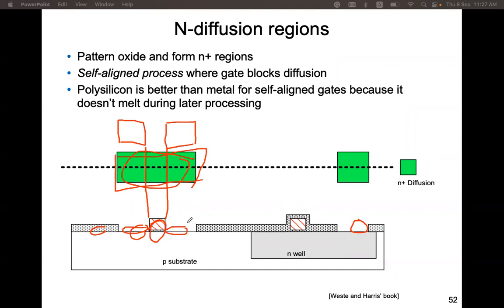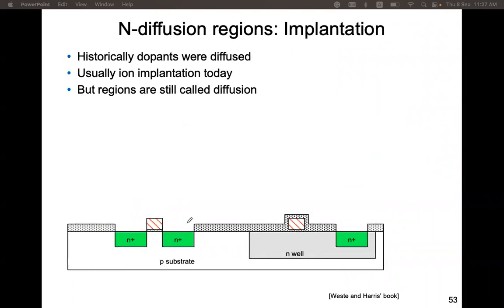So this is called the self-alignment process. We form polysilicon first before forming the diffusion. Then we apply the implantation. So we blast the respective ions into this region.